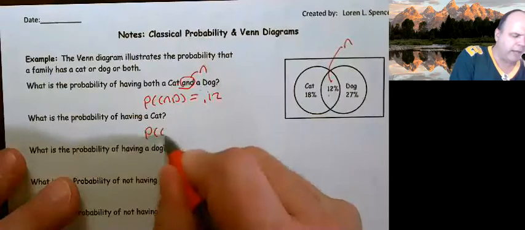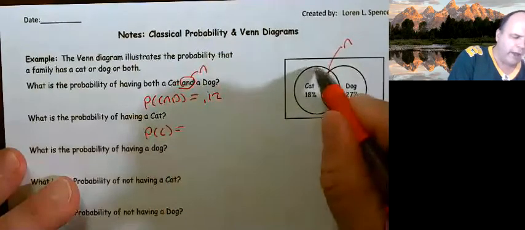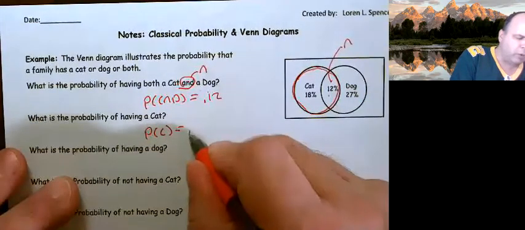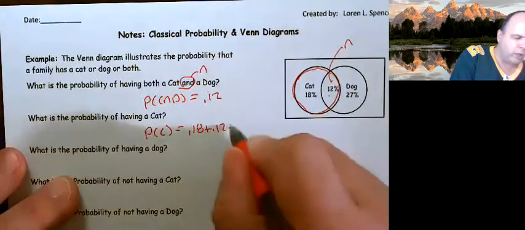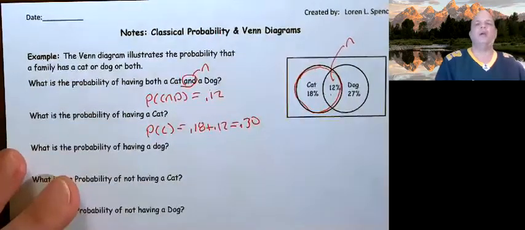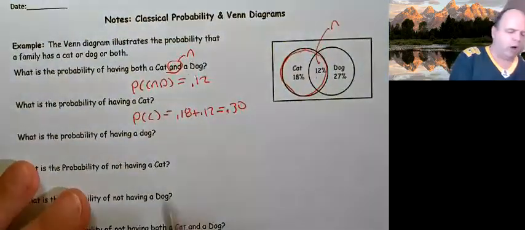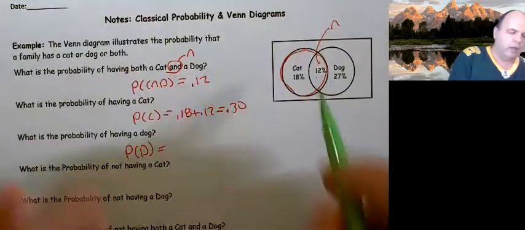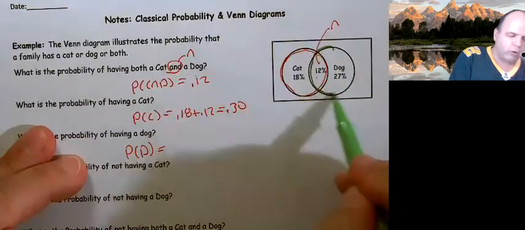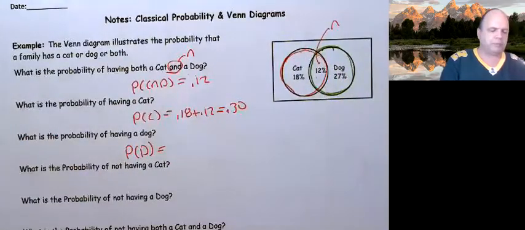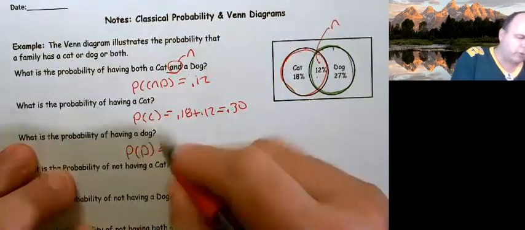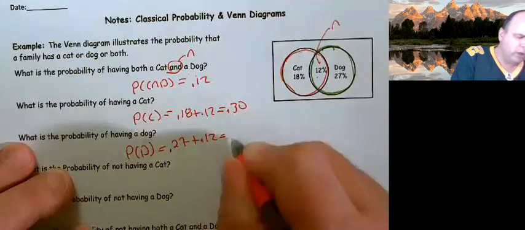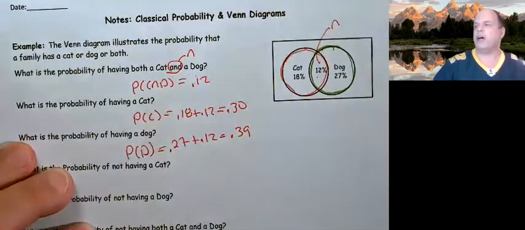So the probability of cat equals everything in the cat circle. So in this case, 0.18 plus 0.12 equals 0.30. What's the probability of having a dog? Well, the probability of having a dog is everything in the dog circle. And so everything in the dog circle is 0.27 plus 0.12 equals 0.39.